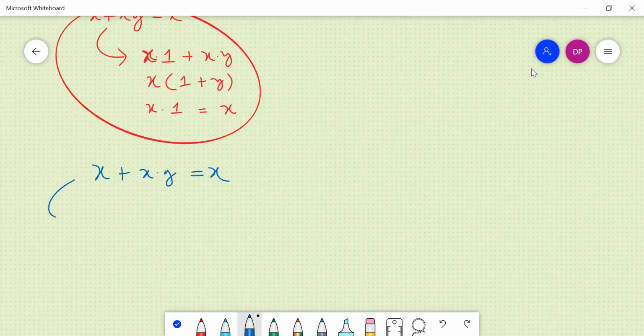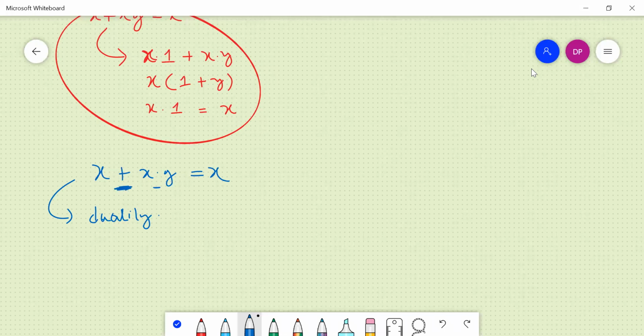Using the duality property, what can we write? Here an OR gate is there, and here an AND gate is there.